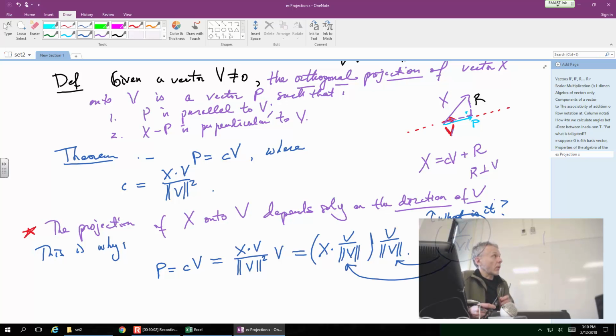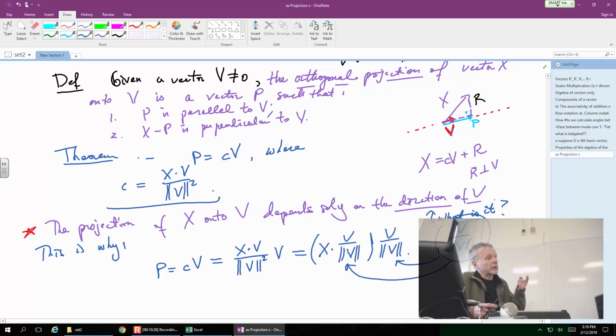Both the numerator and denominator in that formula for C over here are dot products. So if you have coordinates, no matter how many, say a 100-dimensional space, you simply carry out a 100-dimensional dot product in the numerator, and then the same sum of squares in the denominator, and you have your answer. But you are living in a 100-dimensional space, and yet you can only do projection on a single vector.